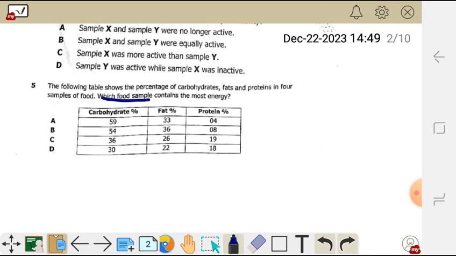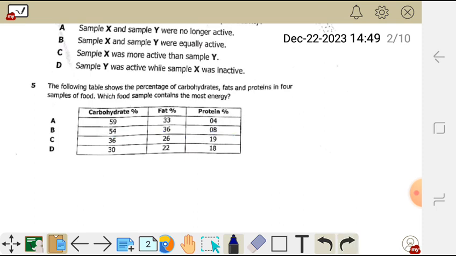In A, we have 59% of carbohydrates, 33% of fats, and 0.04% of proteins. Then B, we have 54, 36, and 0.8. Then C, we have 36, 26, 19. And then D, we have 30, 22, and 18. So the correct answer here is B, 54, 36, 0.8.